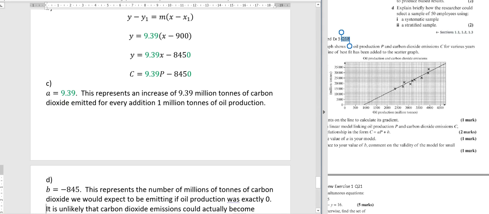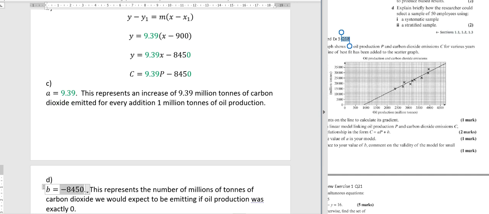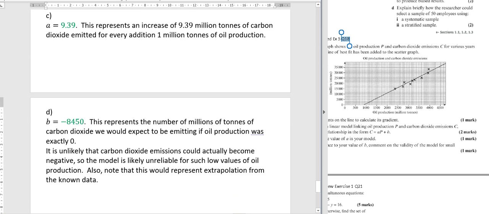And then when we get to part D, the value of B needs to be bigger, minus 8,450. But all of our description, explanation of why that's invalid is still perfectly fine.